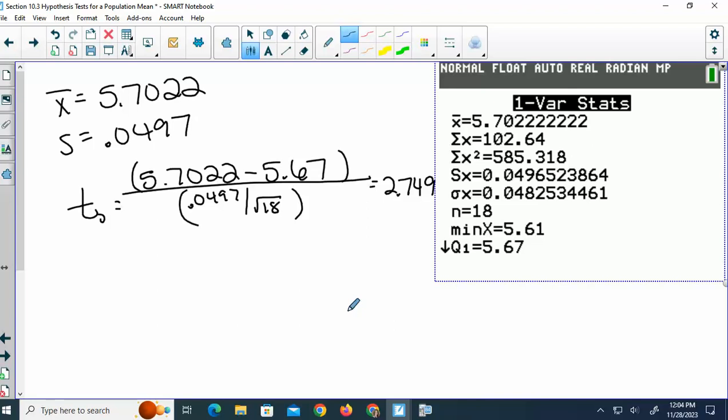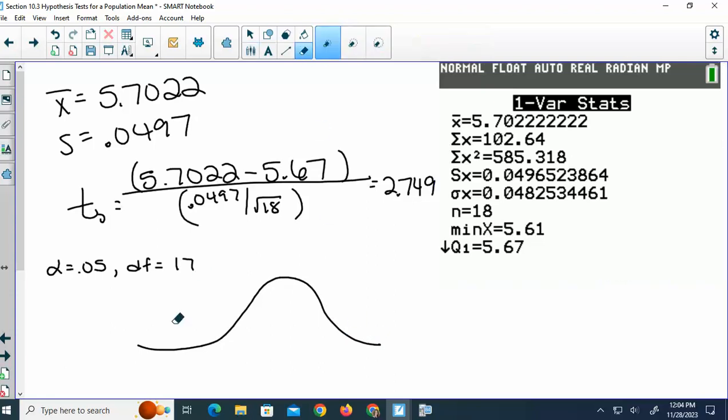So then if we're doing the classical approach, we know the alpha was 0.05. How many degrees of freedom? Since we're testing not equal, that's a two-tailed test. So you have to take the 0.05 divided by 2, so it'd be 0.025 on each tail.